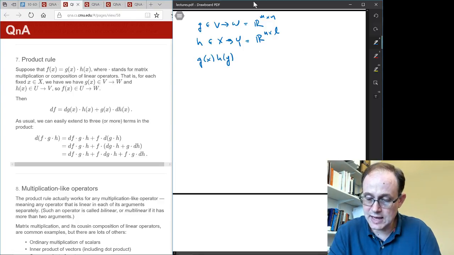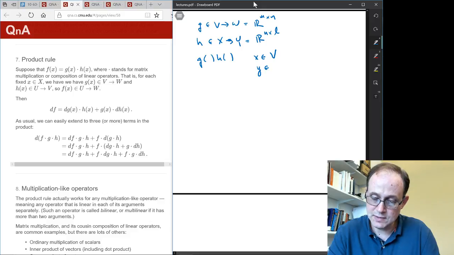So that means that x is in v, y is in the vector space. Oh, I shouldn't have used x and y because I'm using them already. Why don't we call them a and b.